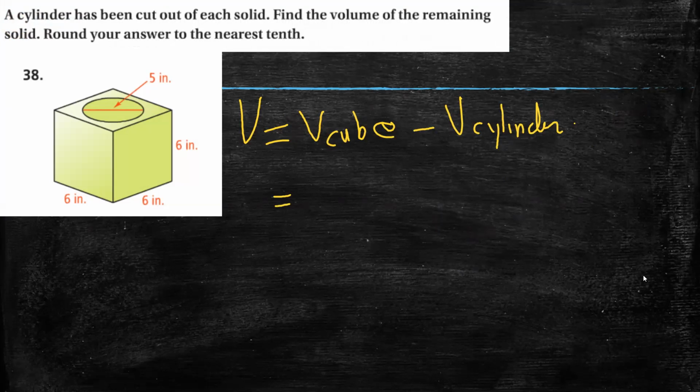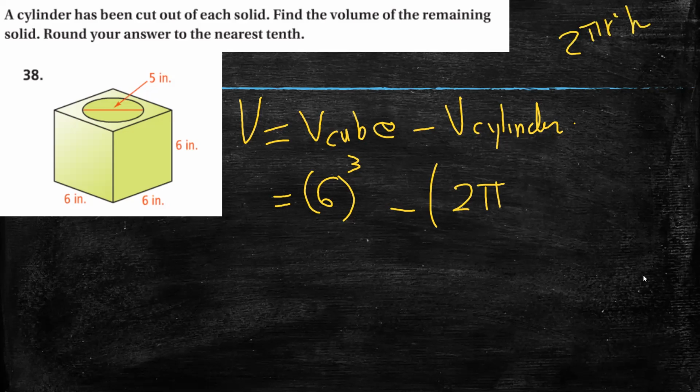Now, what is the volume of the cube here? It is 6 cubed. Minus, what is the volume of the cylinder? Pi times the radius squared times the height. What is the radius here? Is it 5 or 2.5? It's 2.5. 2.5 squared.